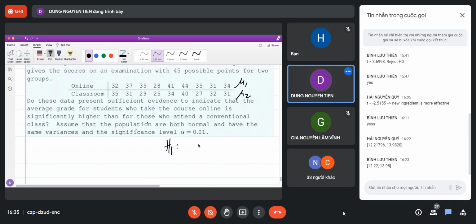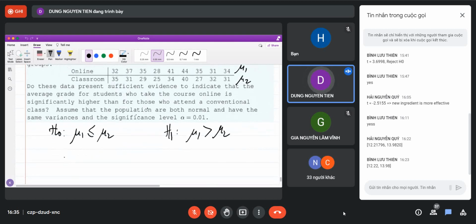This is mu2, and H1 is that mu1 is greater than mu2. That is what you expect. The null hypothesis is that mu1 is less than or equal to mu2.